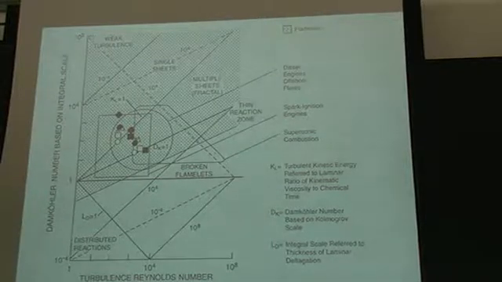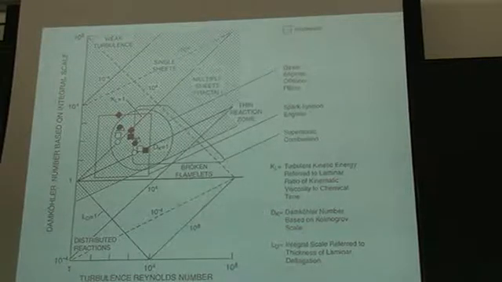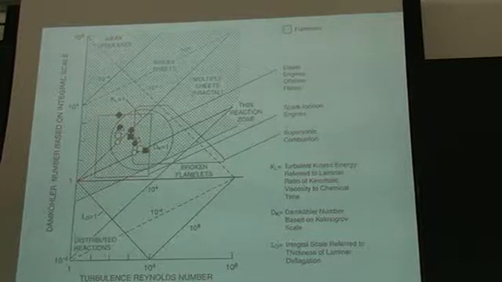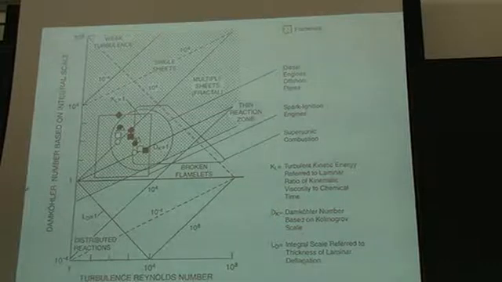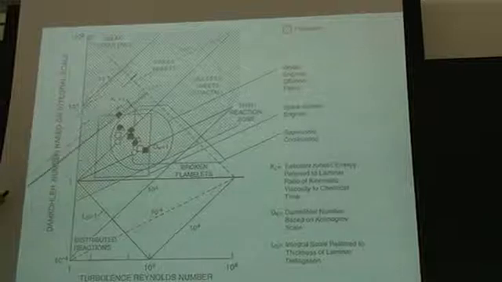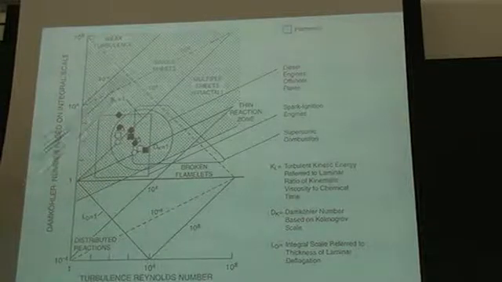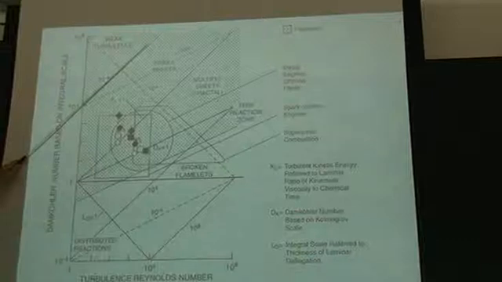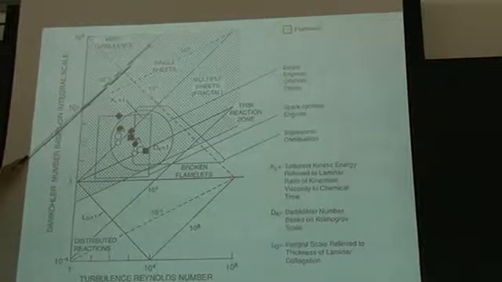Maybe the question at this point is, what is the factual evidence for saying that the line is really inclined at this angle? There's no claim that the line has a slope. This quantity here is a measure of the turbulence, a fixed turbulence intensity compared to the burning velocity.